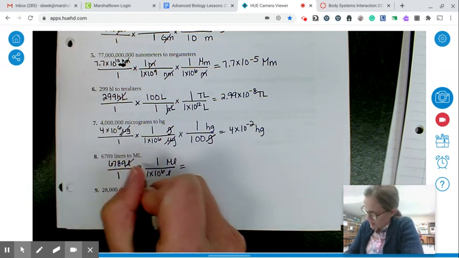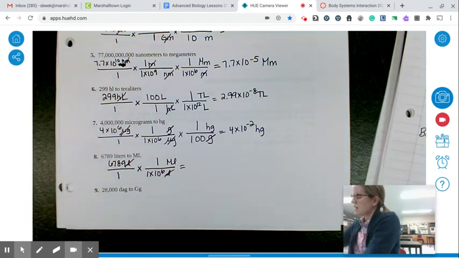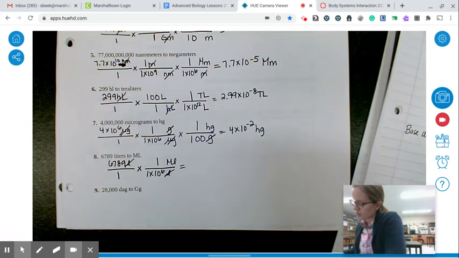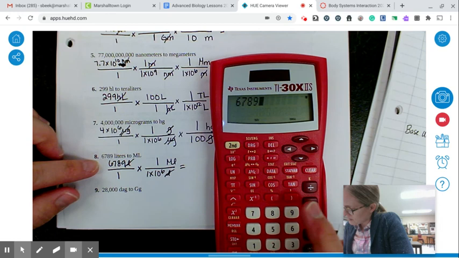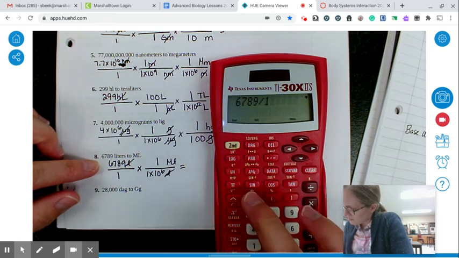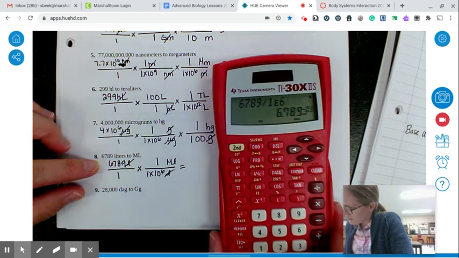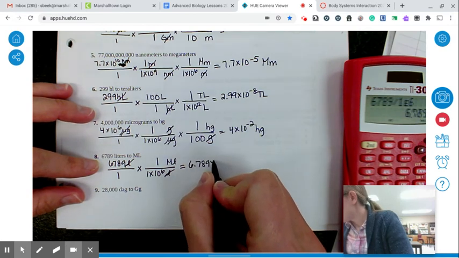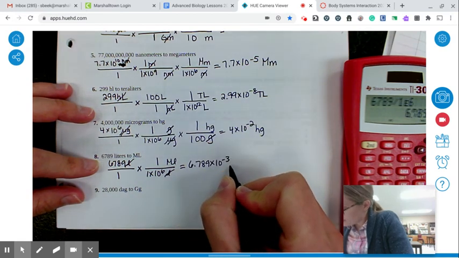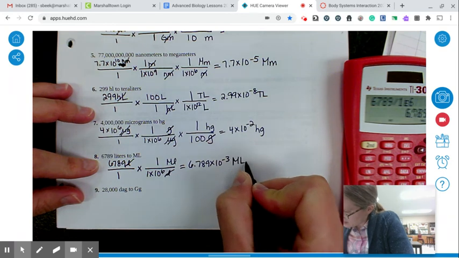And that's it, because I didn't have to get to the base unit first. I was already in the base unit. So I got 6.789 times 10 to the negative 3rd megaliters.